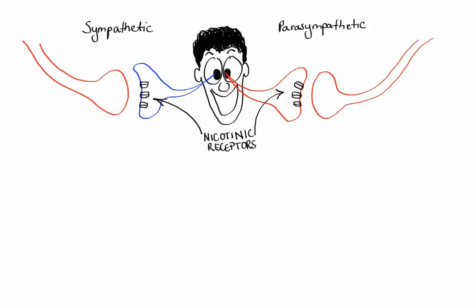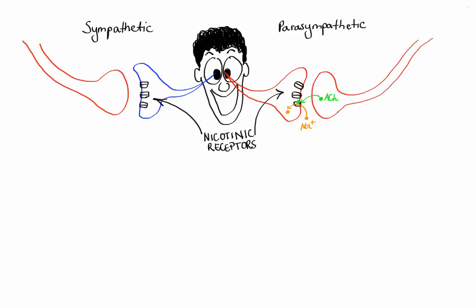So nicotinic receptors are also known as ionotropic receptors. And this is because they simply work as an ion channel. So for example, when a neurotransmitter such as acetylcholine binds to such a channel, it causes it to open up, allowing passage of ions such as sodium, which eventually leads to an action potential.